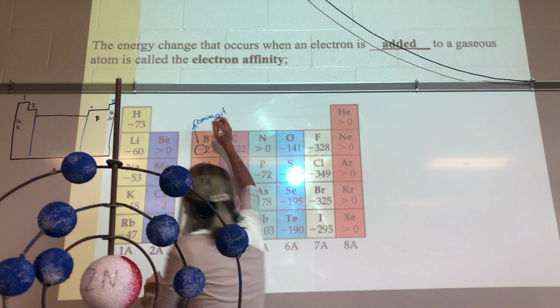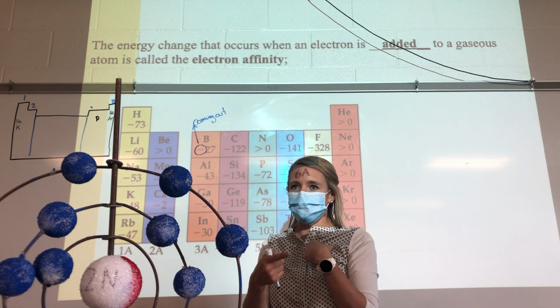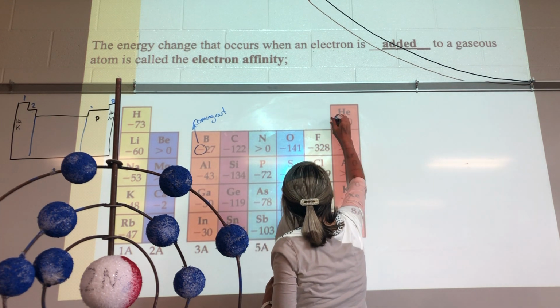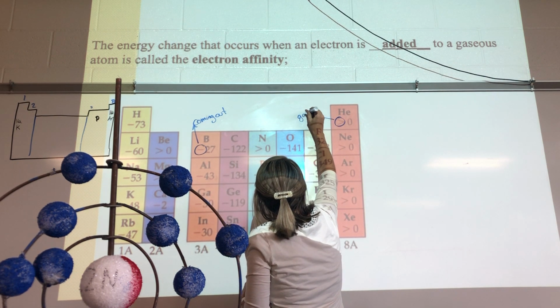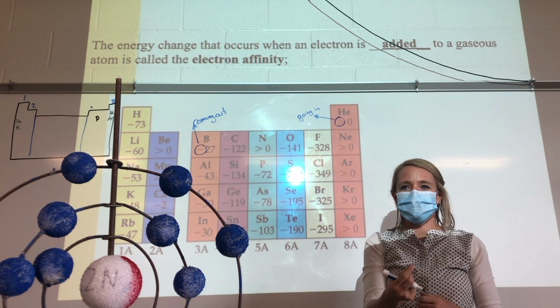Or in a sense, the atom is paying me with energy when I give it an electron. Positive energy means it's going in, or I have to pay the atom to take this electron.